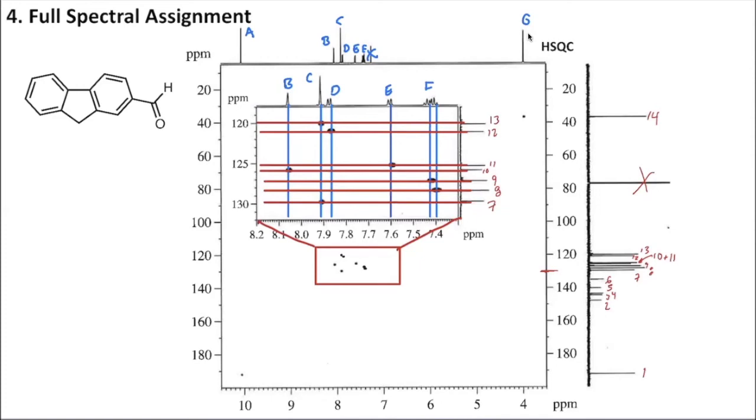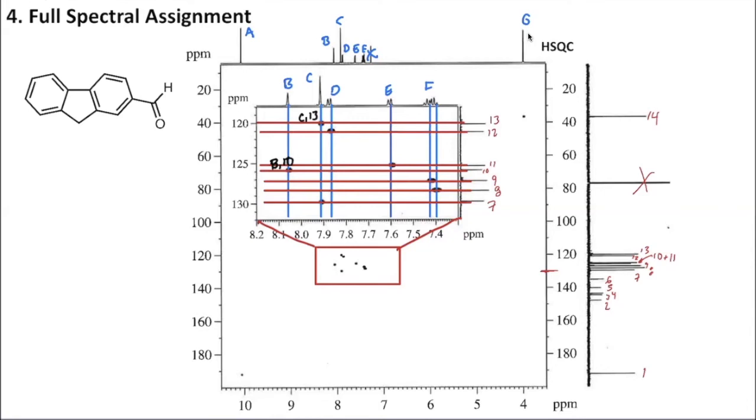So starting with B, it seems that B corresponds to 10, not 11, but 10. So B, 10 here. Then if we look at C, C seems to correspond to actually 2 peaks, which is a little unusual, but not impossible. So this is a C13 peak there.